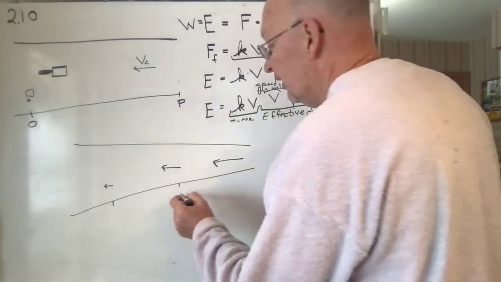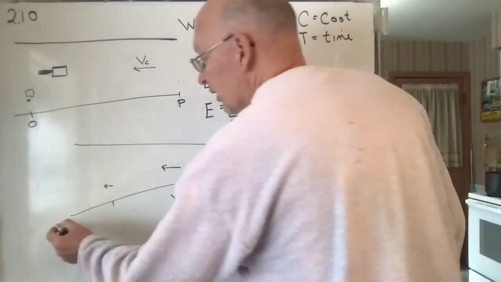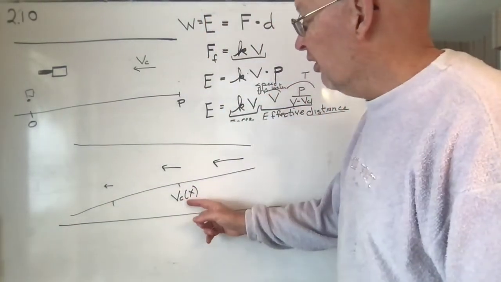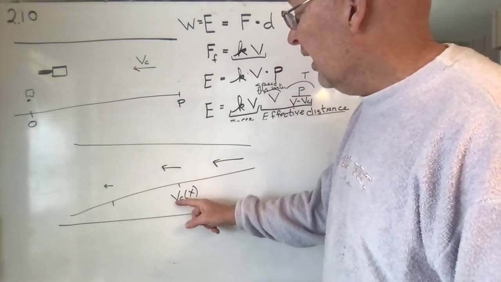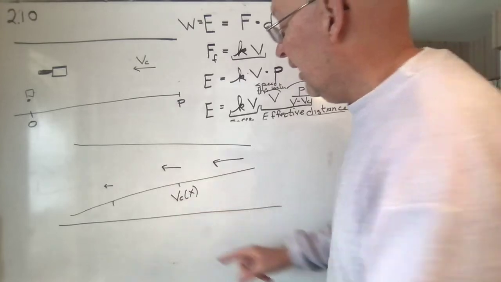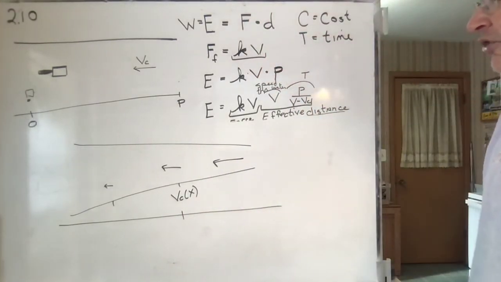So the velocity is going to depend on where you are along that river. If x is the position along that river, then V sub c is the velocity of the current at that point along the river. Okay, so it's going to change as you go.